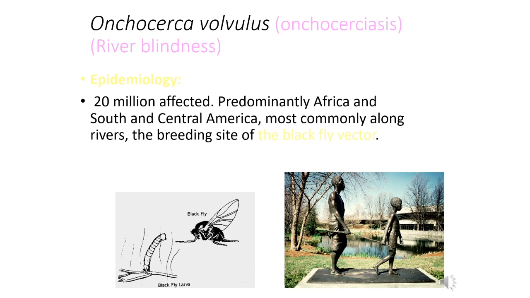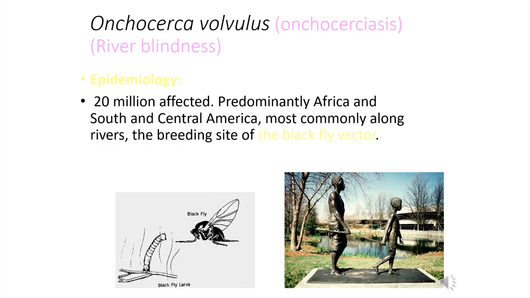It occurs around rivers, and there the vector is the black fly. The vector of onchocerciasis is a fly which is black actually. It is hairy, and those hairs are black. It just looks black, and you shall see a picture of that.